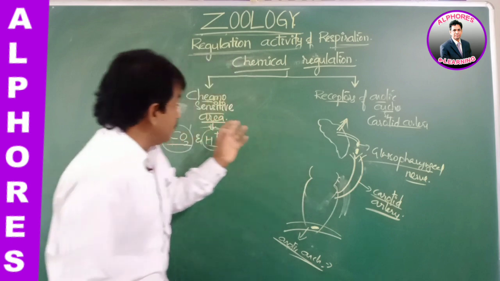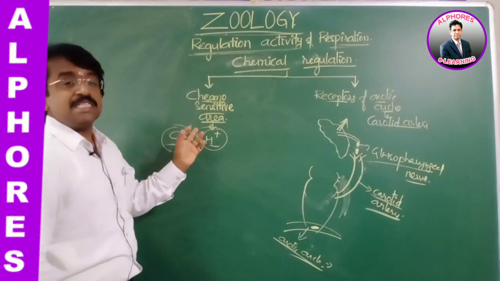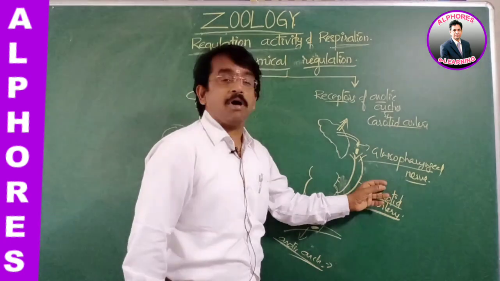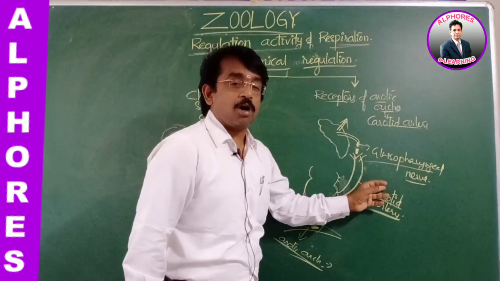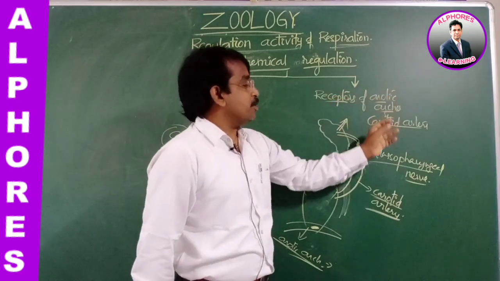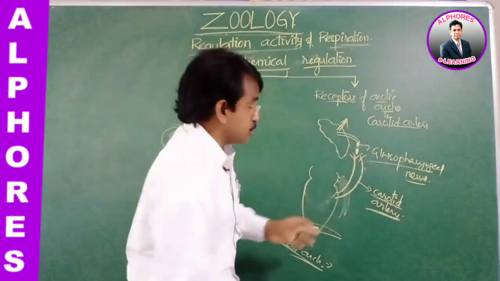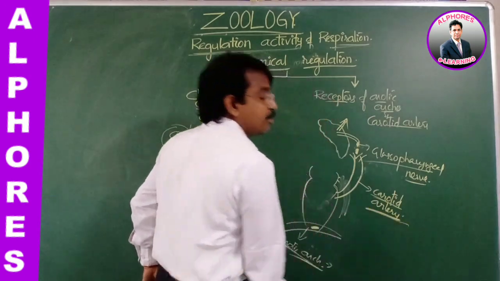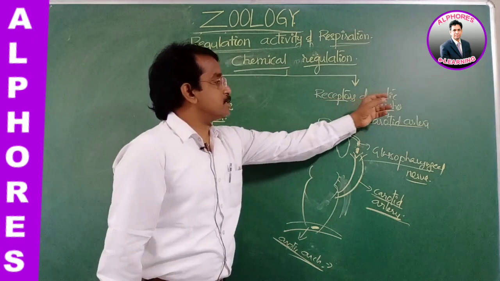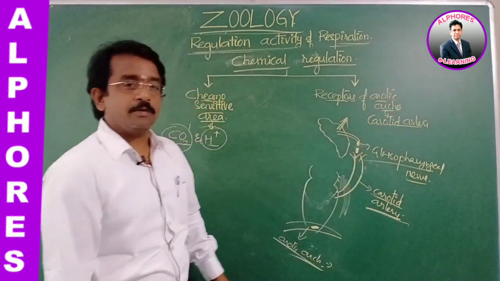Receptors. Earlier we discussed one is the chemosensitive area and another is the detection by sensory receptors of the aortic arches and the carotid artery. So the receptors of aortic arches and the carotid artery.